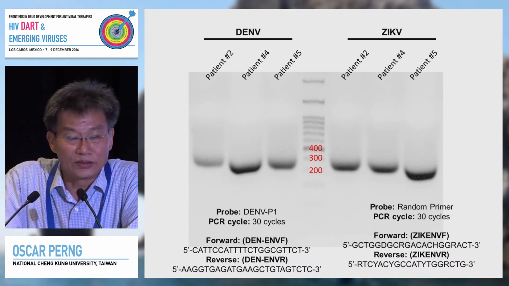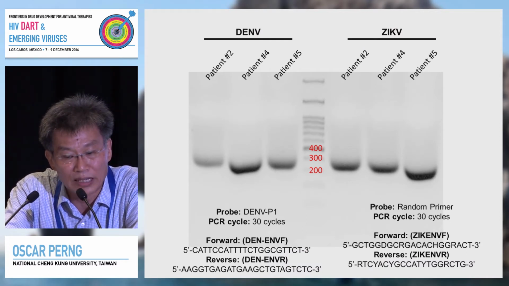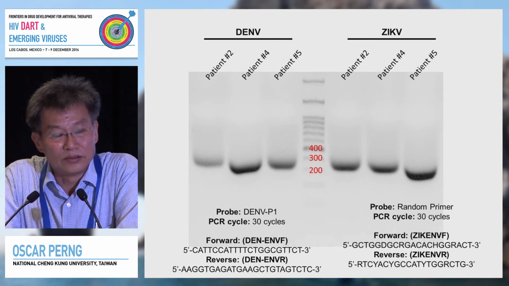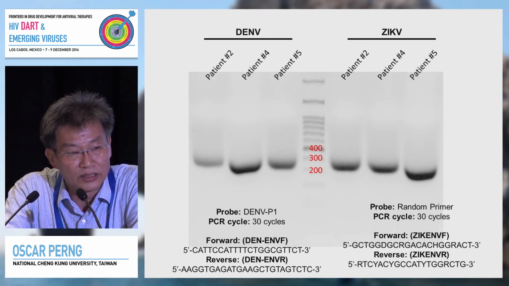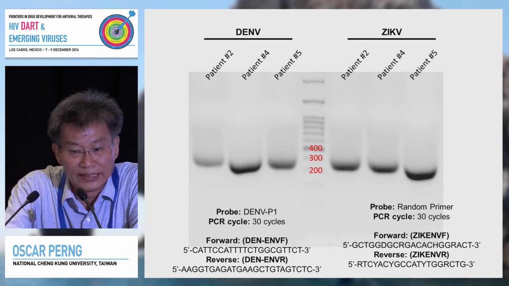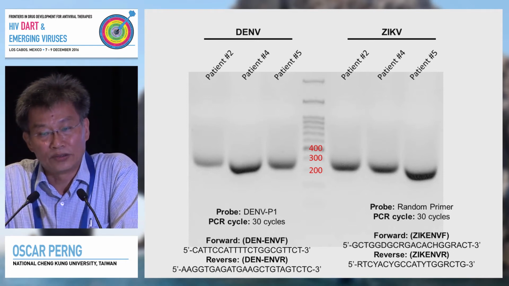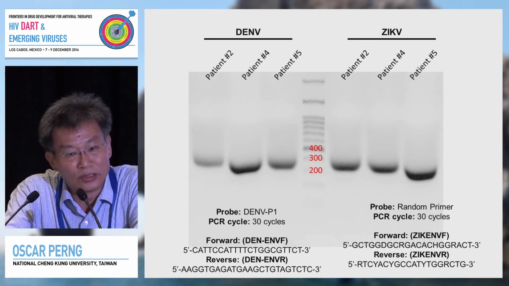But we thought they may be Zika or Dengue, so we used primers. As you remember, the current universal primer test cannot pick up this one. So we used a homemade primer for the Dengue, and a commercialized primer for Zika. All these 3 patients' genomes can be amplified, but with different sizes.